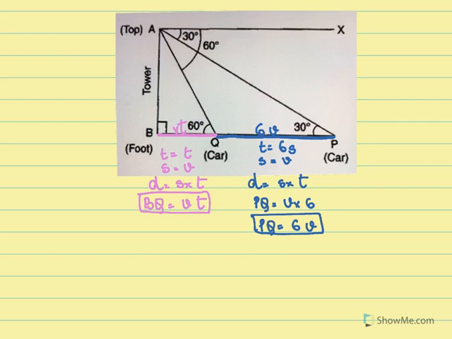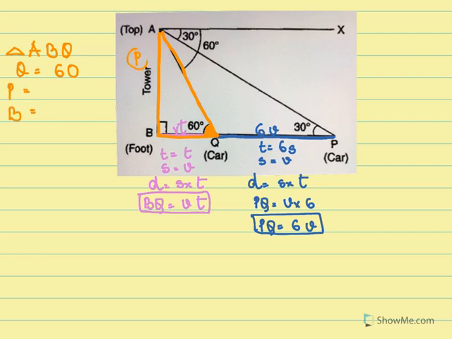So we first take up 60, and with 60 we will take up this triangle ABQ. In triangle ABQ, theta is 60. We have to know which is the perpendicular and which is the base.